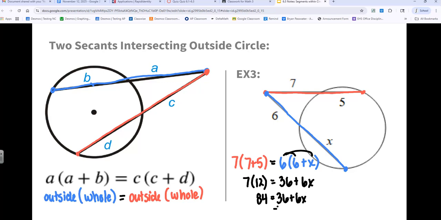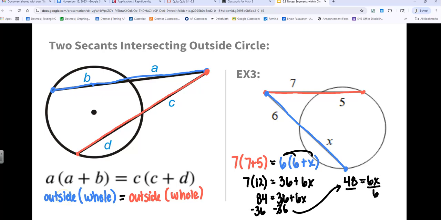Now we would just need to subtract that 36. And 84 minus the 36 is going to give us 48, equal to 6x.